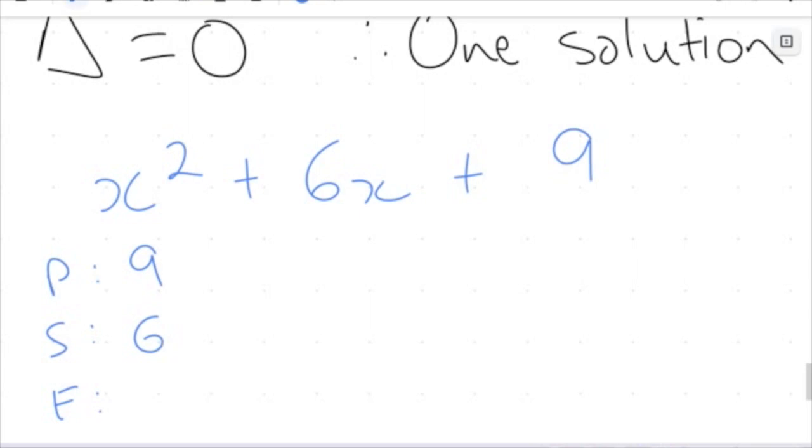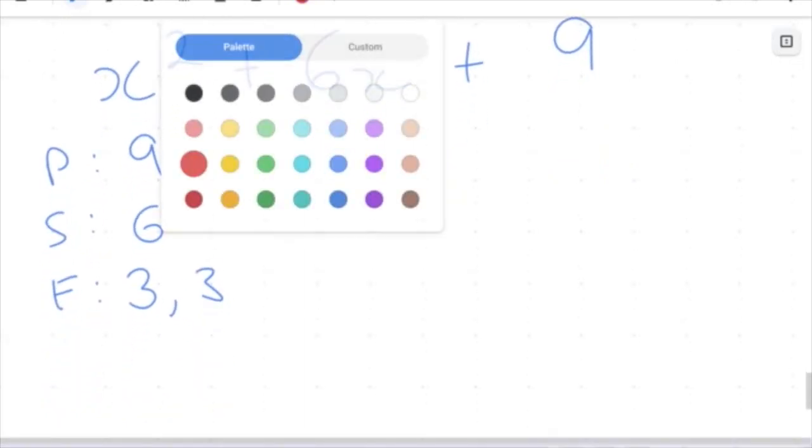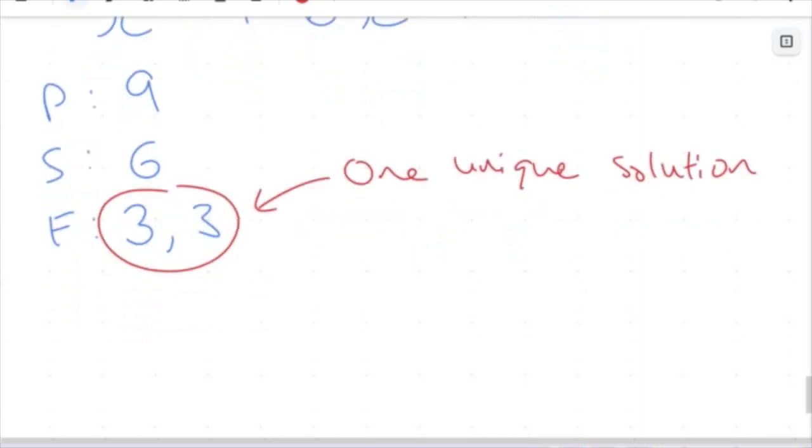And I can see here that the two I have are going to be the same number, because 3 and 3 add to give me 6, multiply to give me 9. So we have here only one unique solution, because the factors are the same.